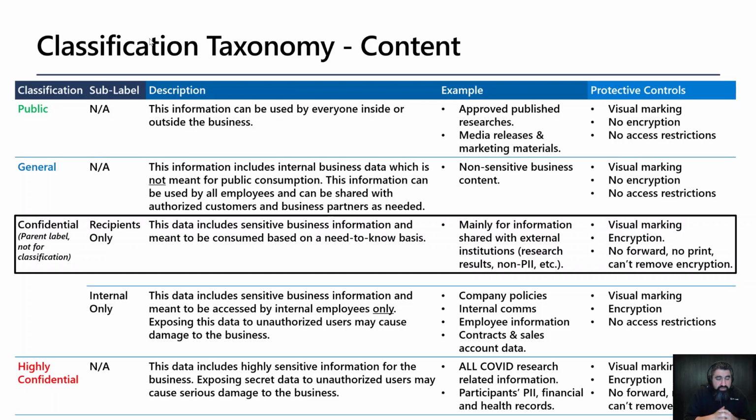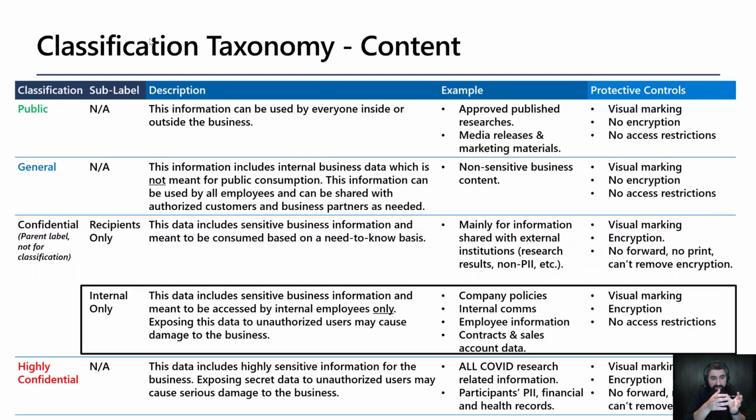The second level of the confidential data that we have is the internal only information, which basically includes sensitive business information that is not meant to be accessed by anyone other than internal employees, because exporting this data to unauthorized users may cause damage to the business.